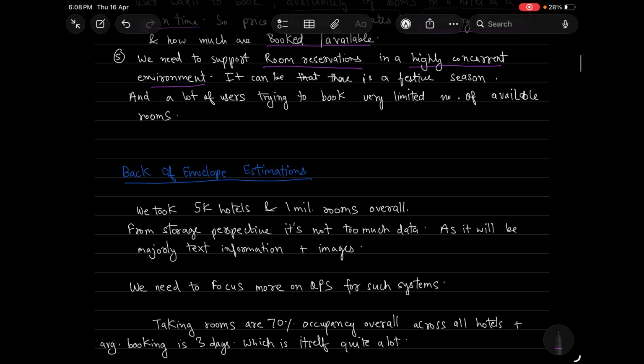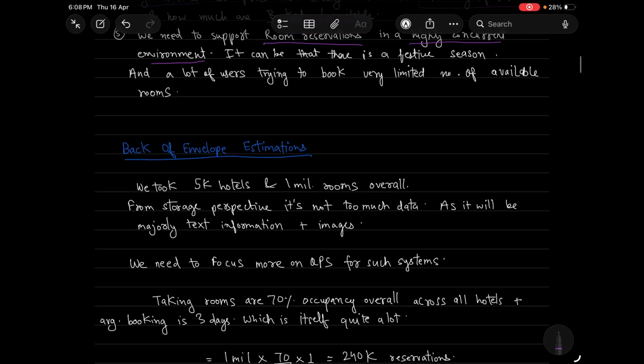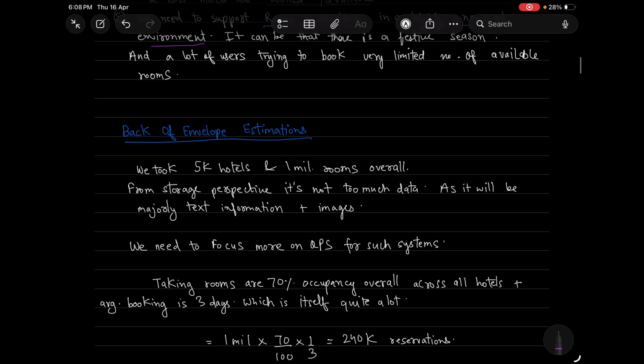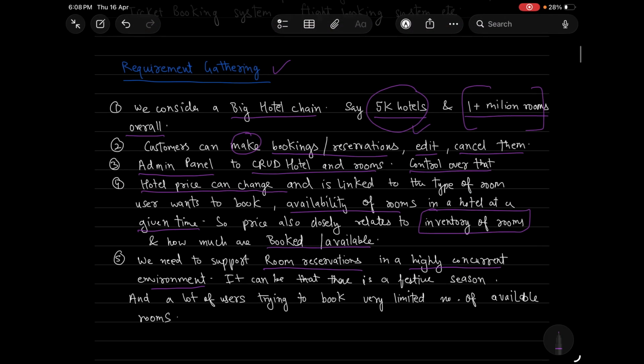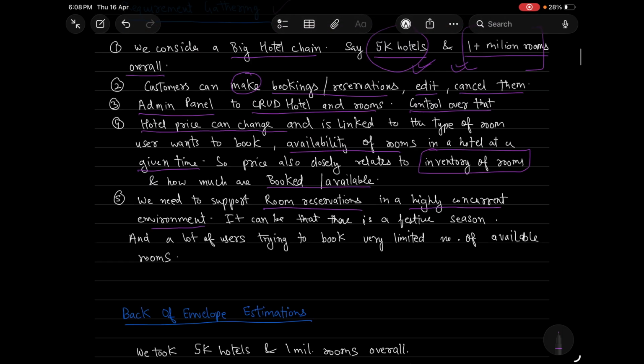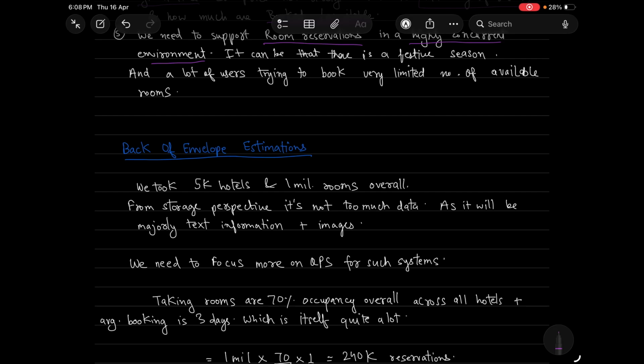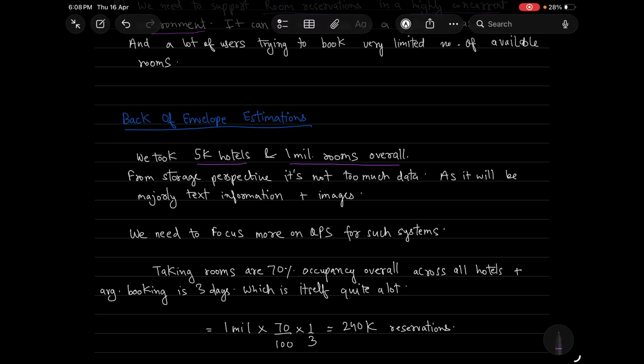Let's see back of envelope estimations. So as we saw above, we took 5K hotels and 1+ million rooms overall. From storage perspective, it's not too much data, as it will be majorly text information and images.